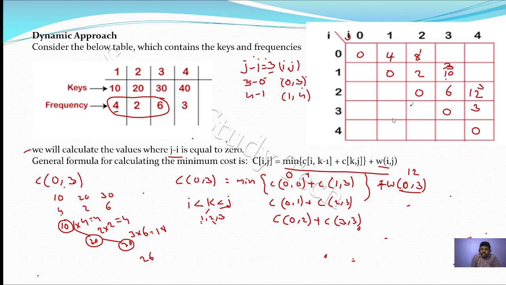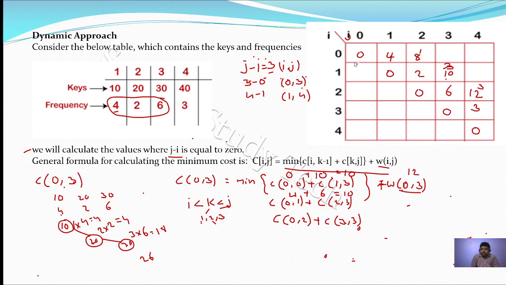Here it is 10. Then C of 0 comma 1 value is 4, plus C of 2 comma 3 value is 6. So here 4 plus 6, that is 10, here also 10.